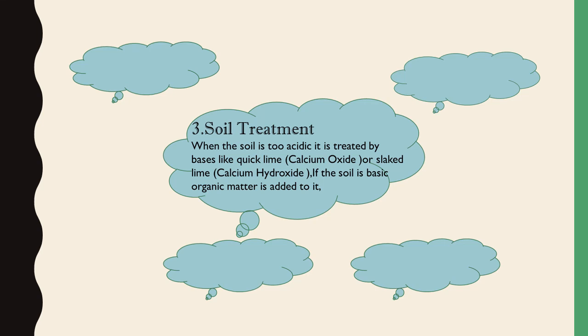If the pH of the soil is correct, then plants can grow very easily. That is the reason for soil treatment. Depending upon the kind of soil, we use the acid or the base to neutralize the effect.